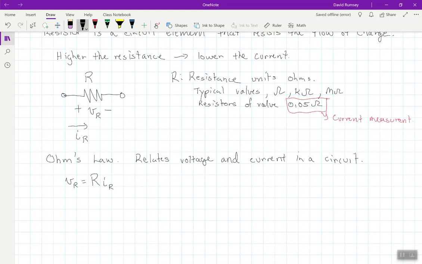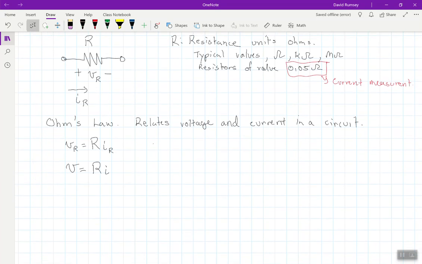Now, we often will drop the R's in this case and just write this as V is equal to R times I. That's Ohm's law. Now, there are other ways, of course, you can write this. If you simply divide both sides by R, you could write this as V over R is equal to I and get what the current is.